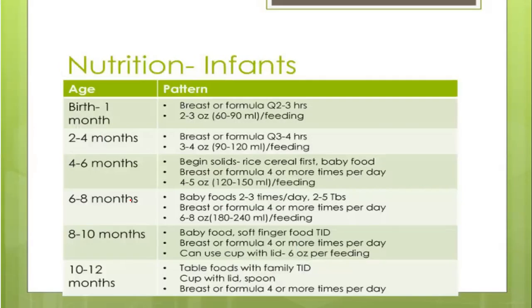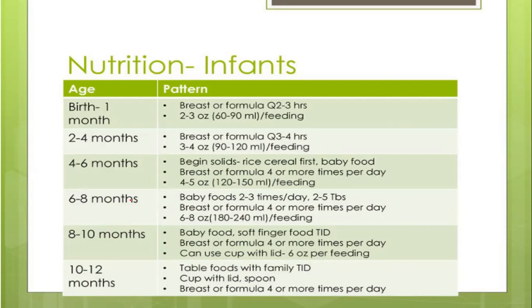And here we have some nutrition facts in infants. When this person reaches 1 month, it has a breast or formula pattern of feeding, right? From 2 to 4 months, still breast or formula based feeding. Actually, it would have to be until well longer than that, from 4 to 6 months.